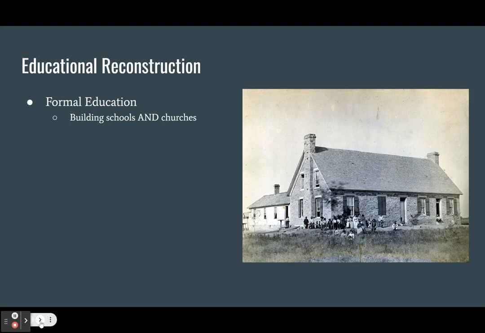So it's for both genders, it's for everyone to attend. Church, not so much. But when we talk about how the tribes are responding and what the tribes do to make sure that the schools are there, it depends on the tribe.